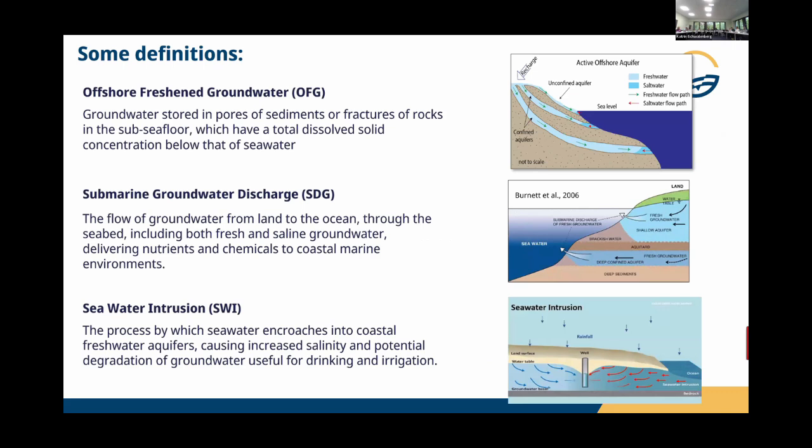Some definitions. We heard that offshore freshened groundwater, OFG, is groundwater stored in pores of sediments or fractures of rocks in the subseafloor, which have a total dissolved solid concentration below that of seawater.